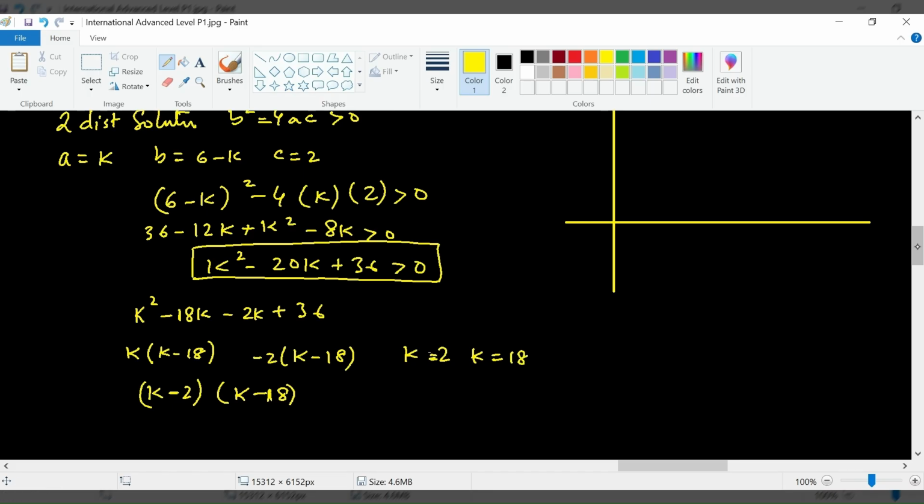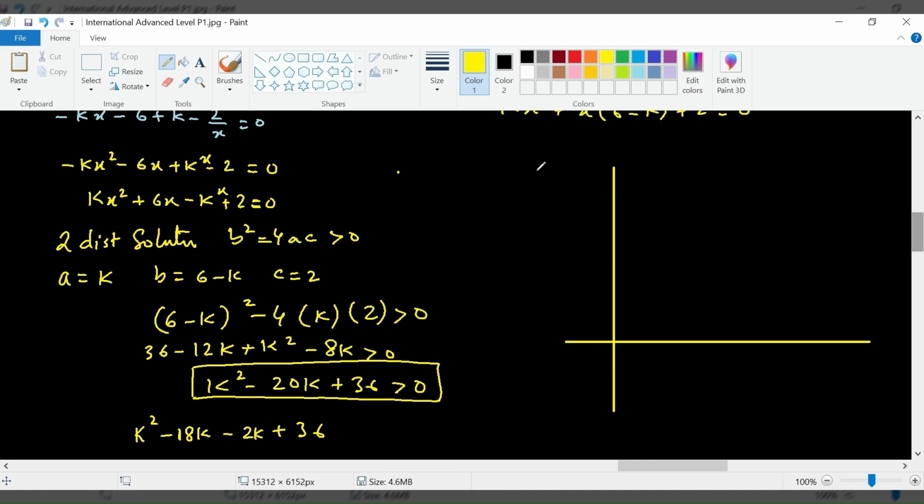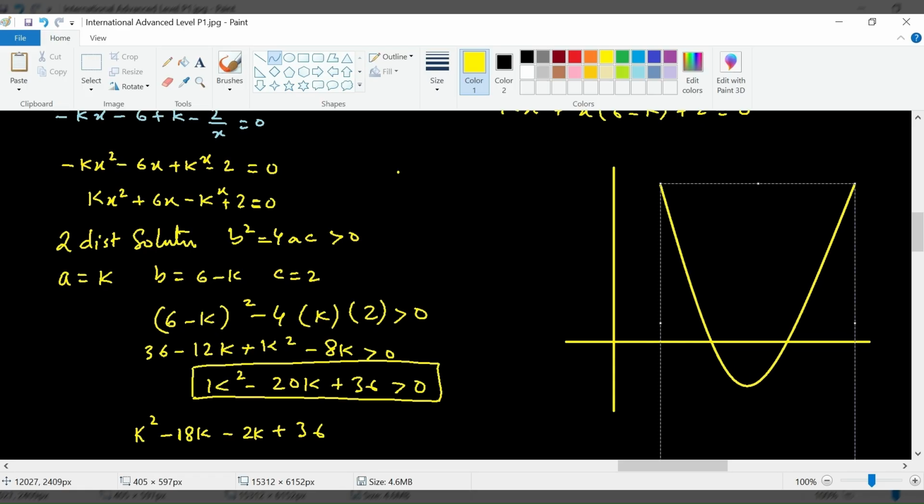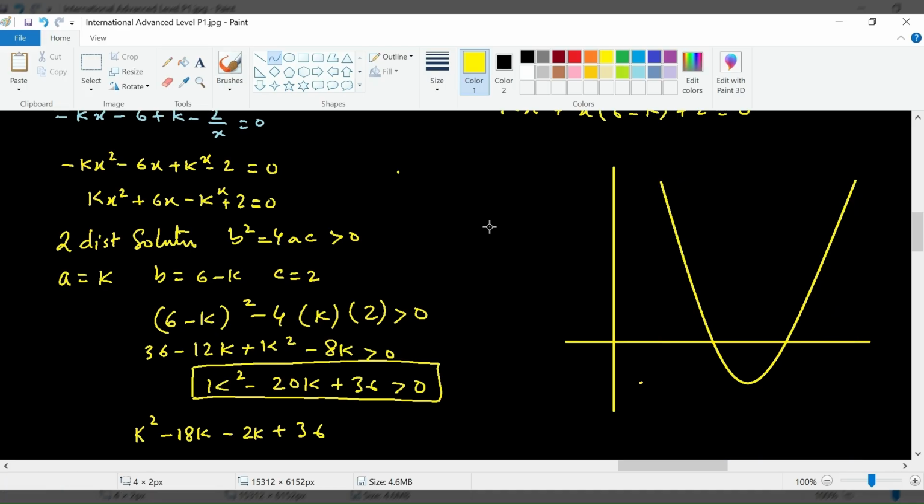So these are the two values. And when it comes to the curve, you would get a curve something like this. These two are going to be the values. This is going to be 2 over here, and this is going to be 18.